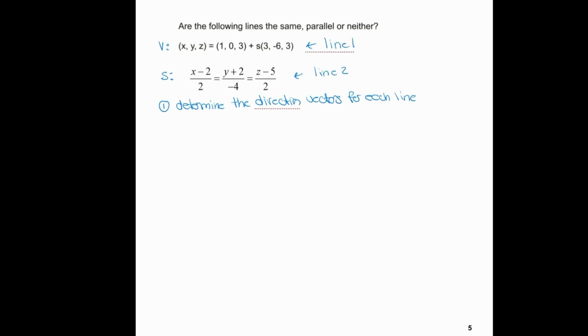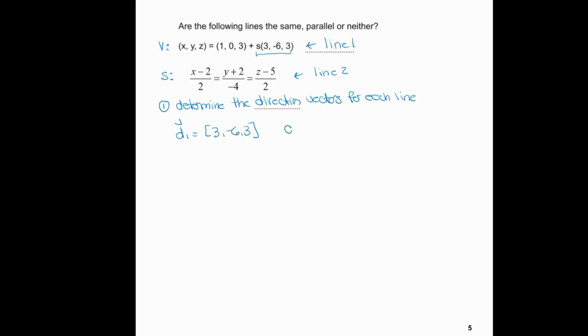Remember, I can read the direction vector right off of the vector equation because that's the second part. So my direction vector number 1 is equal to 3, -6, 3.